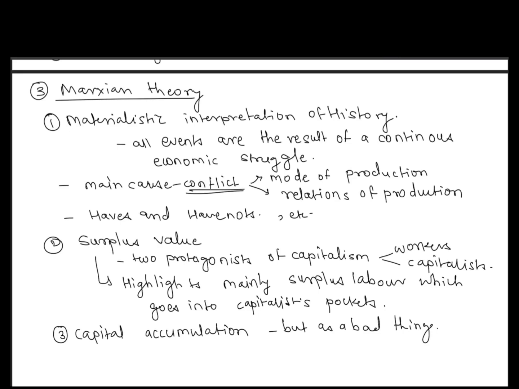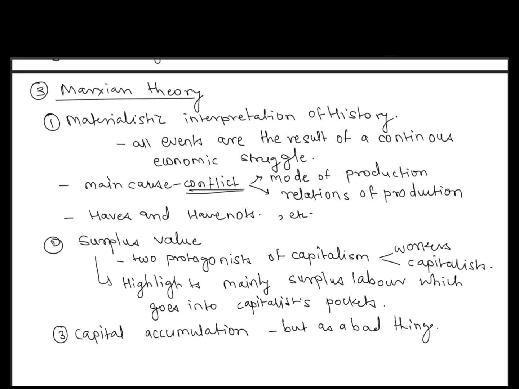So what is surplus labor? Let's say a laborer works for 10 hours a day, but it takes him 6 hours of labor to produce goods to cover his subsistence. Subsistence is the lowest level of income where he can at least live, not the luxury or anything else, just living, not dying.